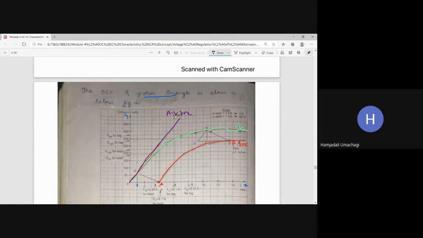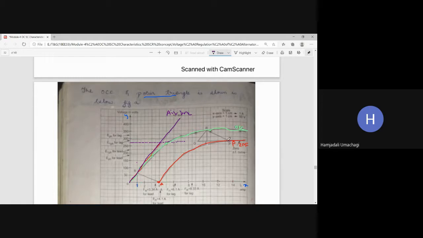you draw the line. Check where that 288 point is coming. For that rated voltage, you draw the horizontal line till it touches the OCC as well. Anyhow you got this point, right?